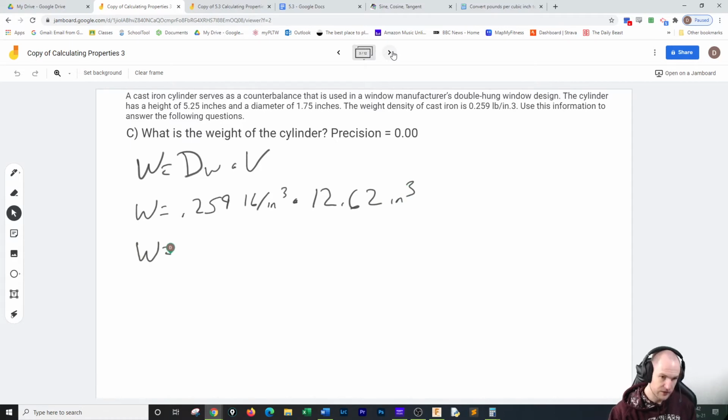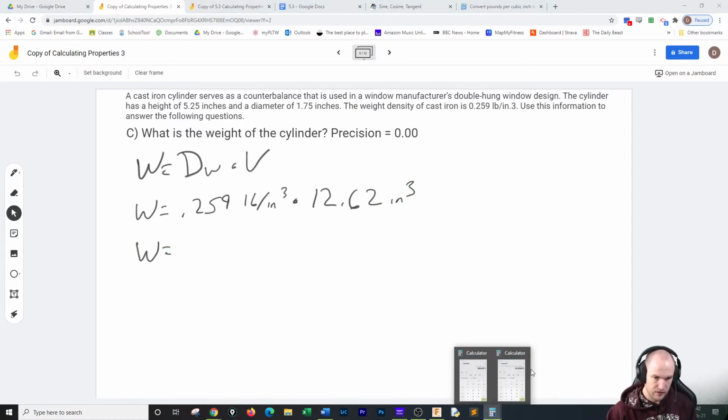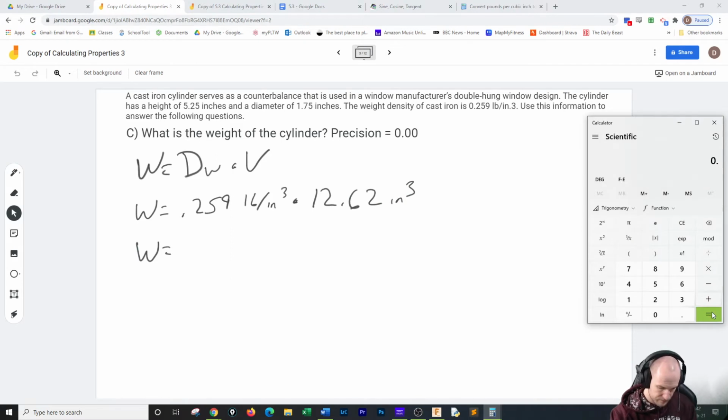Okay, and that gives us a weight of 3.29 pounds. That's an LB, pounds. So 3.29.